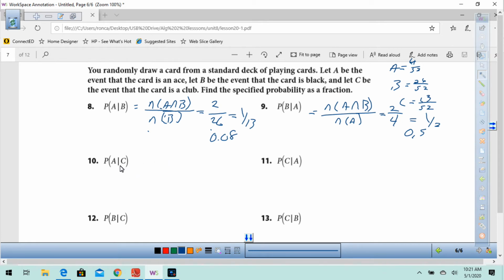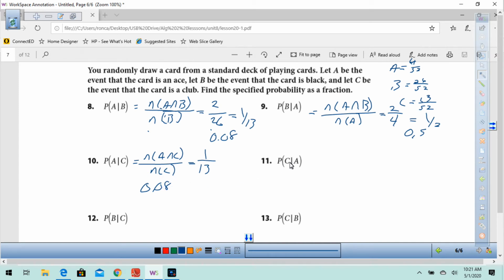Number 10, the probability that it is an ace, given that it is a club. That's going to be the number of aces intersection clubs divided by the number of clubs. There is 1 ace of clubs, and there are 13 clubs. So that's 0.08.